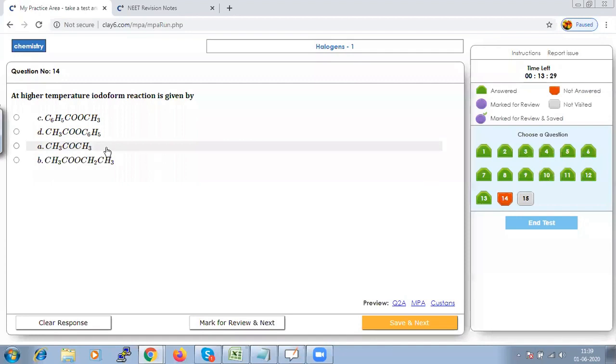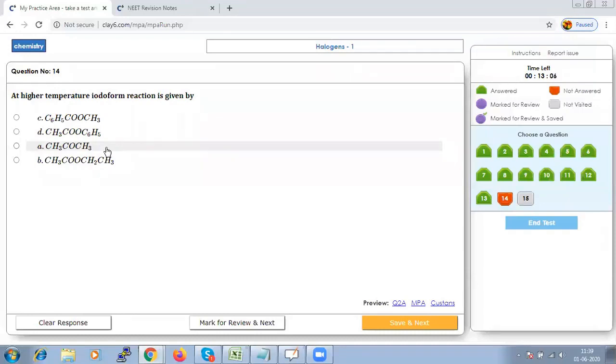What is the iodoform reaction? It is a chemical reaction in which a methyl ketone is oxidized to a carboxylate by the reaction of your HO minus and I2.